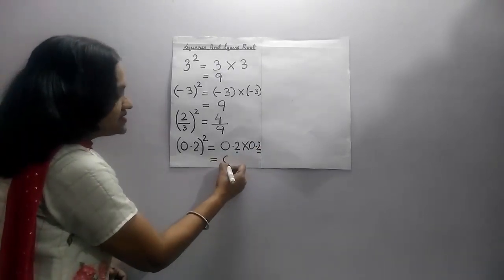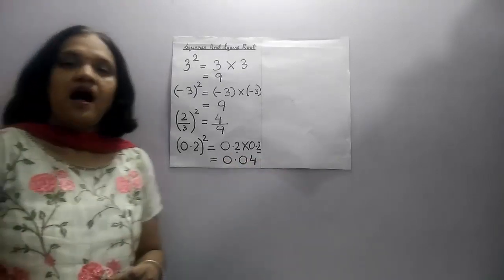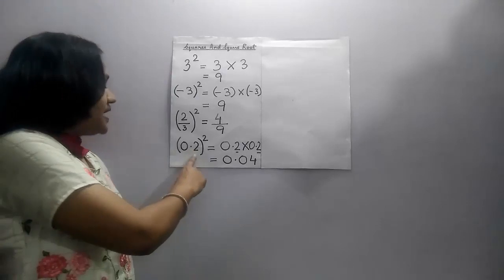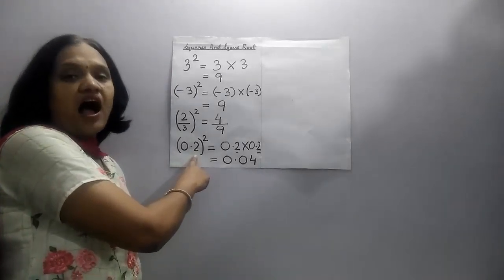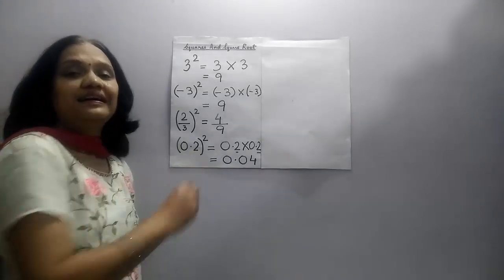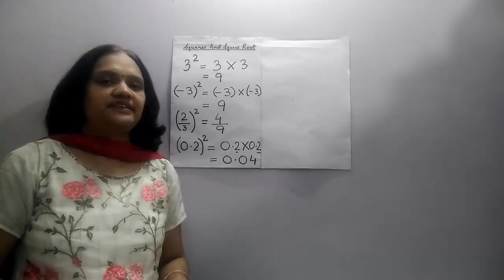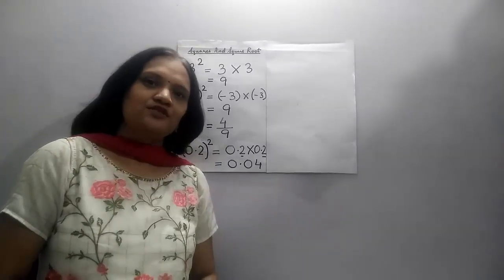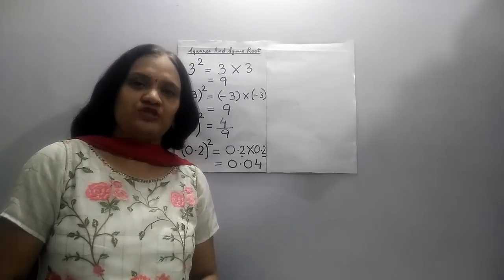So our answer is 0.04. After decimal, we are getting 2 digits in the square, but in the given number there was only 1 digit. So we realize that when we square a decimal number, the number of digits after the decimal gets doubled.